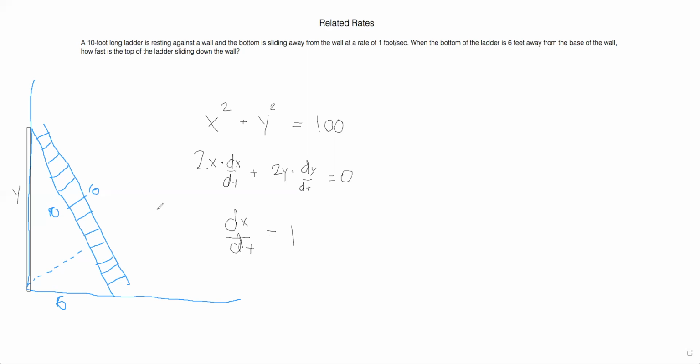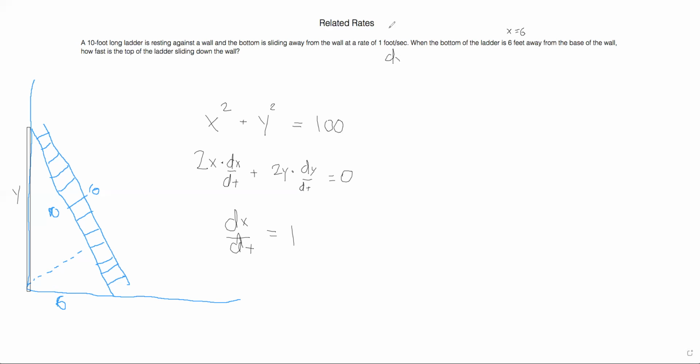Because we want to know at that exact moment, regardless of the time, we know that the bottom of the ladder is 6 feet away. So if we want to find the rate at that exact moment, wouldn't we have to plug in 6 in the equation? Yeah, exactly right. We plug in 6.